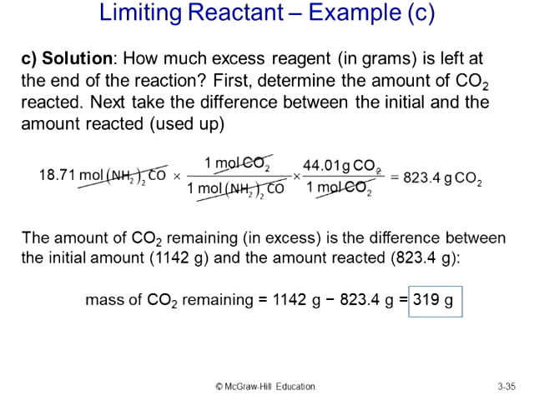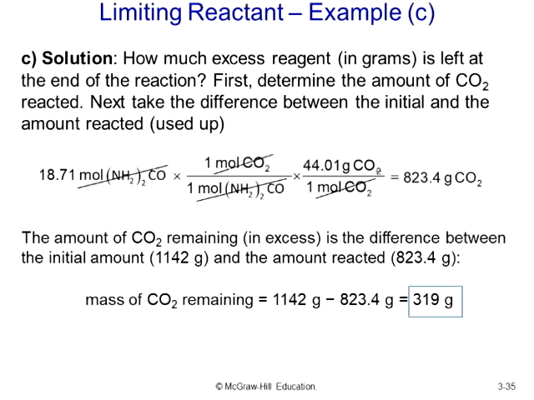Finally, we can determine how much excess we have. We determine the excess by going back and starting with the limiting reactant. Once you've determined the limiting reactant, it's important to recognize that the calculations going forward then use it to determine the mass and moles of any other species in the process.